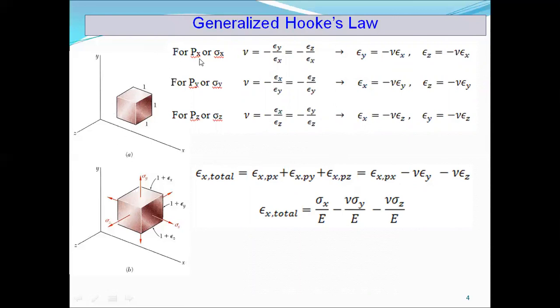For loading along x direction, that is Px or sigma x, this is the axial direction, whereas the other two, y and z, are the lateral directions. So mu, the Poisson's ratio, would be equal to minus epsilon y by epsilon x, which is equal to minus epsilon z by epsilon x.